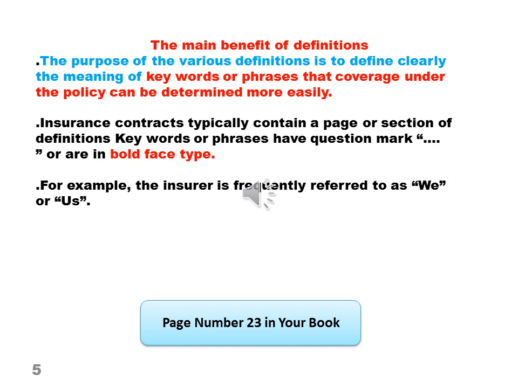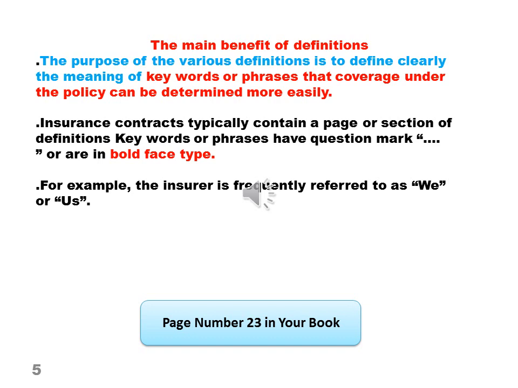Insurance contracts typically contain a page or section of definitions. This section contains keywords or phrases in quotation marks or in bold face type. I mean there are some words that are more important than other words.